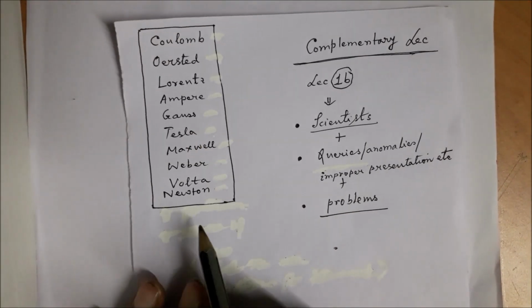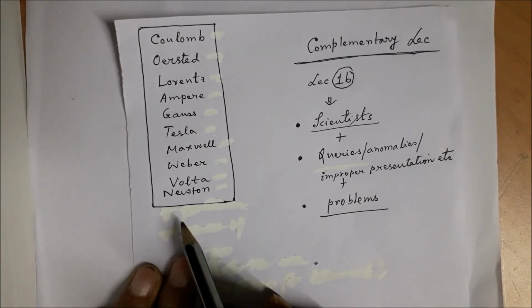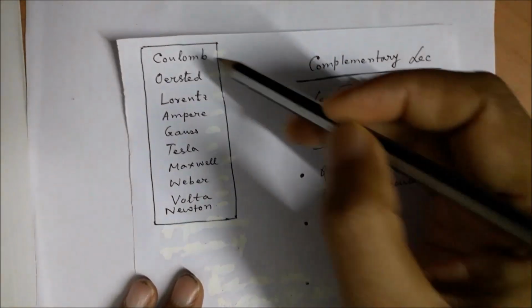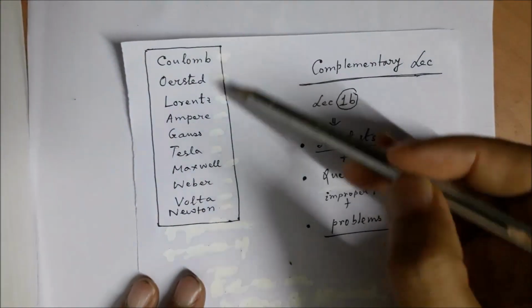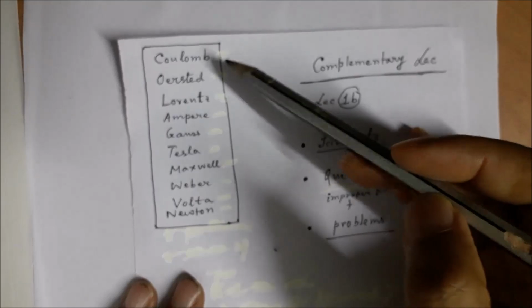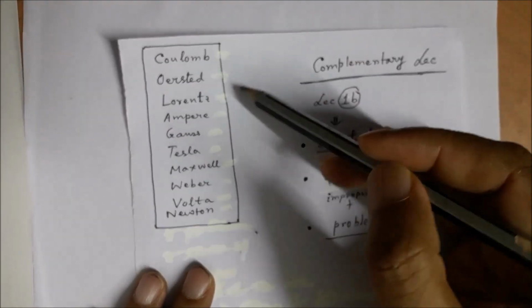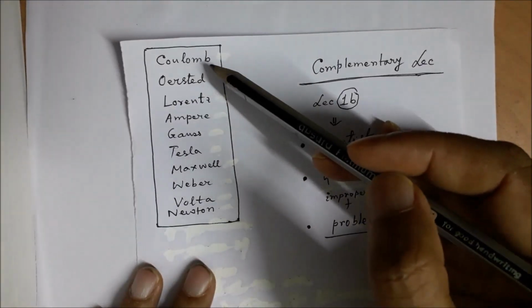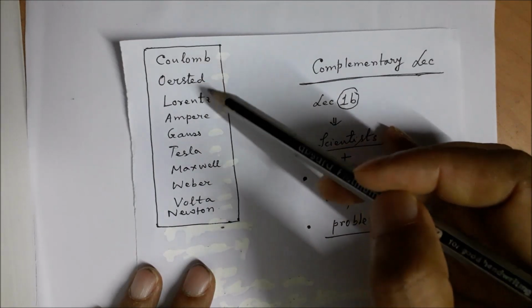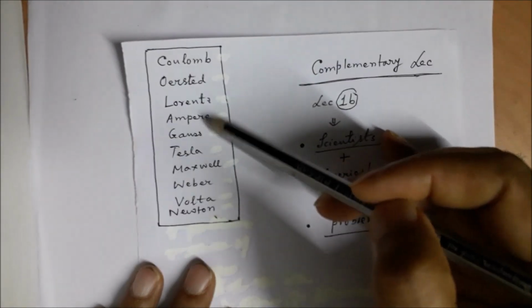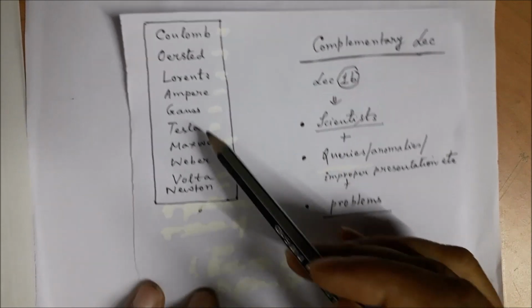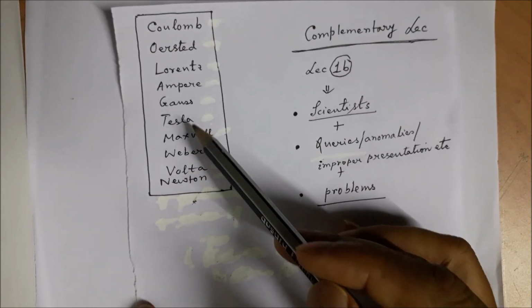So in the discussion that we made, we came across the names of a number of scientists, celebrated people, and we can list them. They are Coulomb, Oersted, Lorentz, Ampere, Gauss, Tesla, Maxwell, Weber.